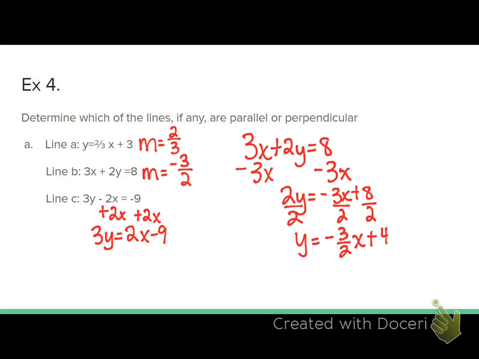Last step to get y alone: divide by 3. So we have y equals 2/3 x minus 3. So the slope of that line is 2/3. Wait, aren't you supposed to divide by?